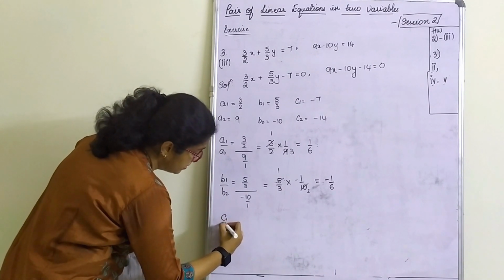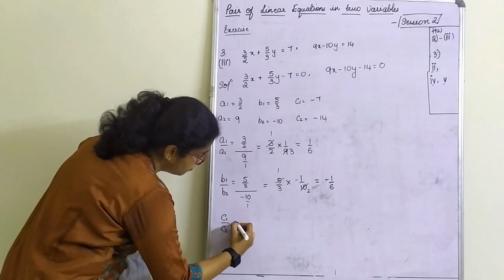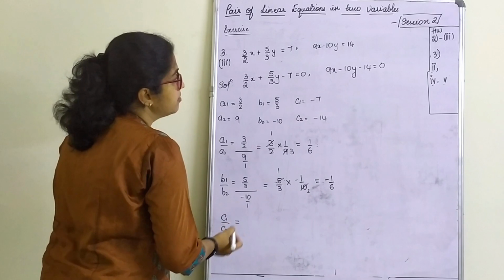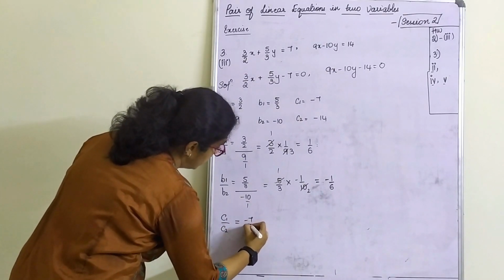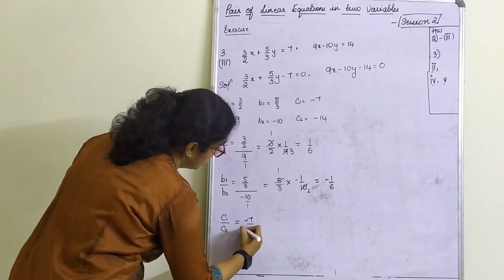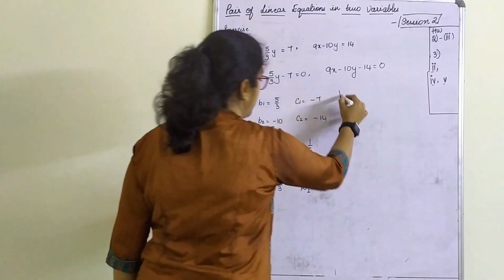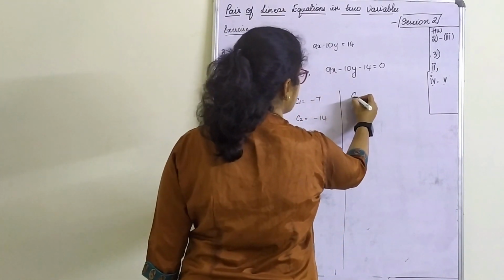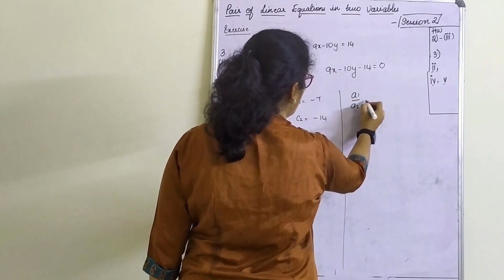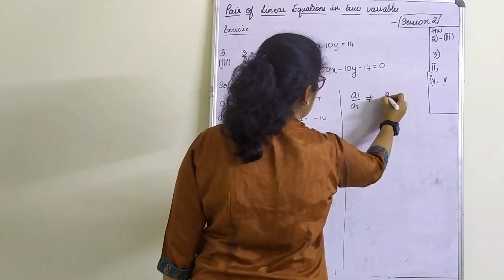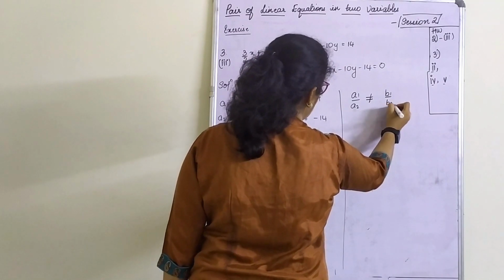Last one, C1 by C2 is equal to minus 7 by minus 14, minus and minus cancelled, 1 by 2. So from this what do we get? A1 by A2 is not equal to B1 by B2.